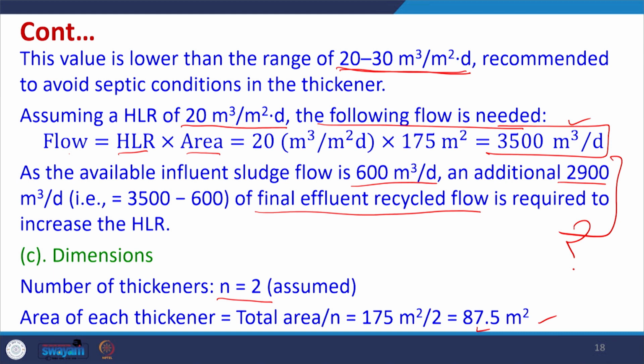With this, today we performed some calculations with respect to the design of anaerobic digesters. Then we studied the importance of thickening and dewatering, and the gravity thickener. In the next lectures we will study the sludge drying bed, how they work, and solve problems related to that.